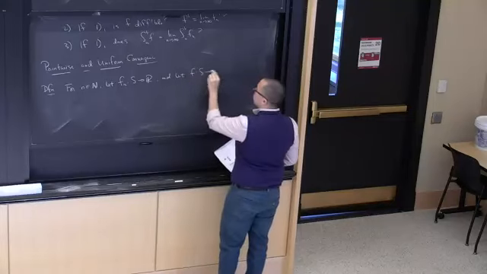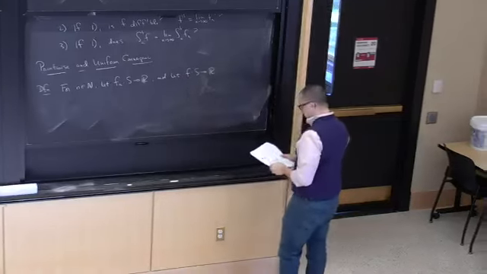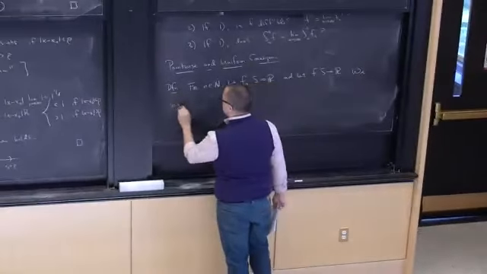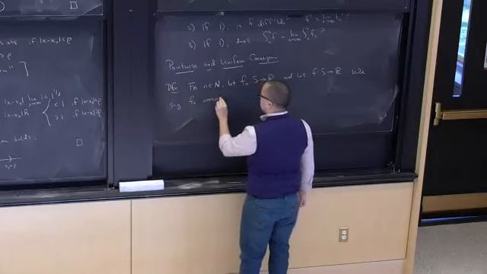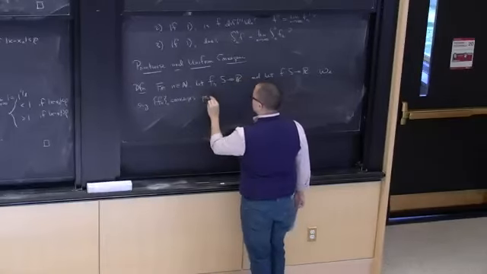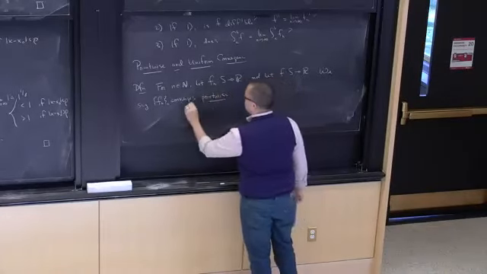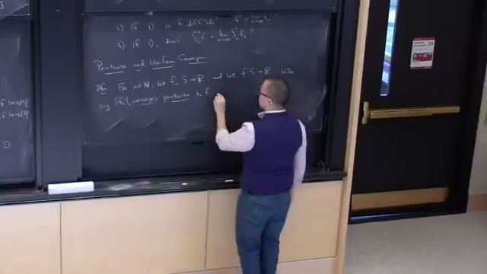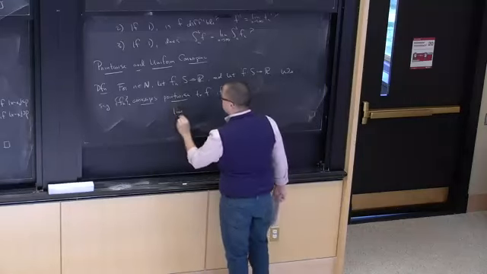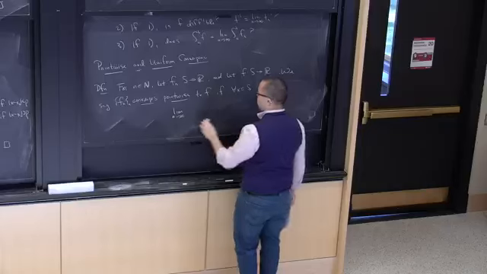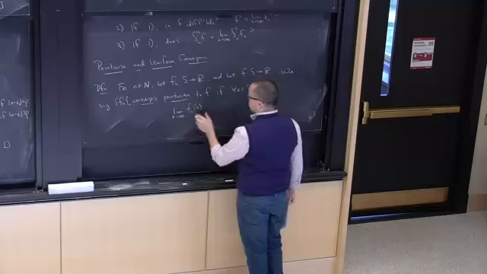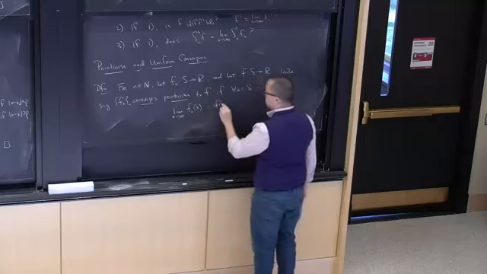And let f be from S to R. We say fn, so the sequence of functions fn, converges pointwise to the function f if for all x in S, for each fixed x in S, if I stick this into fn of x, I get a limit, and this limit is f of x.